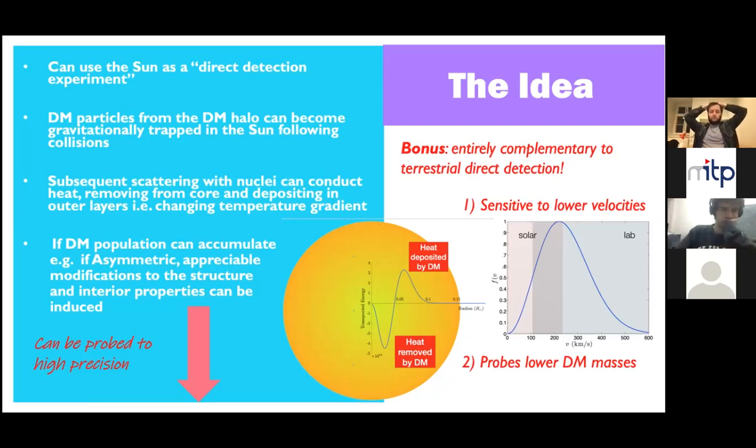And also due to kinematic matching, which tells us that the greatest momentum transfer occurs between particles of similar masses, in the sun we're going to be most sensitive to dark matter of masses around 1 GeV, like the mass of hydrogen. So again, we're going to be probing a complementary part of parameter space to what we look at in direct detection.